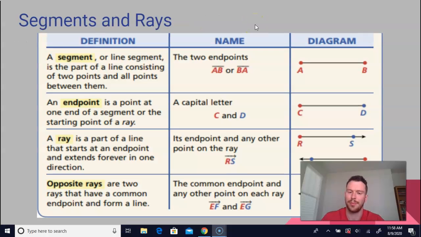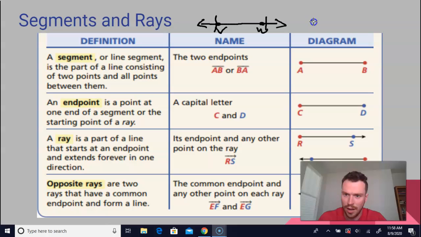Let's finish this up by discussing segments and rays. A segment or a line segment is the part of a line consisting of 2 points and all points between them. So we could view segments as a part of a line. So let's say I draw a line here, and I'll pick 2 points. I'll say these are about V and W. Okay, so let's say I cut the line right at those points.